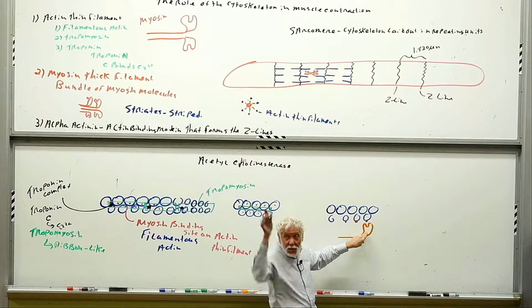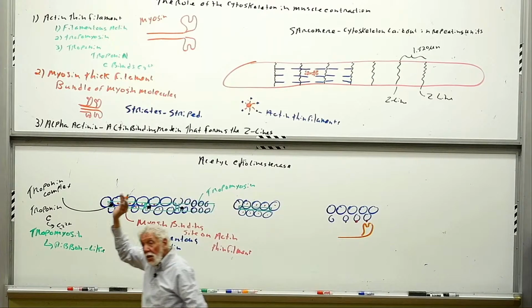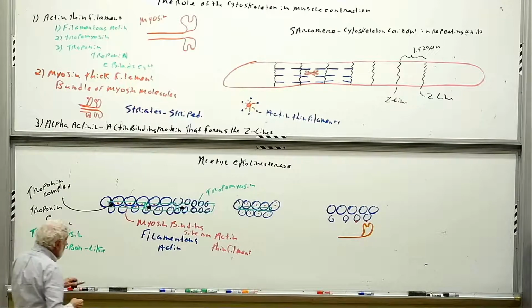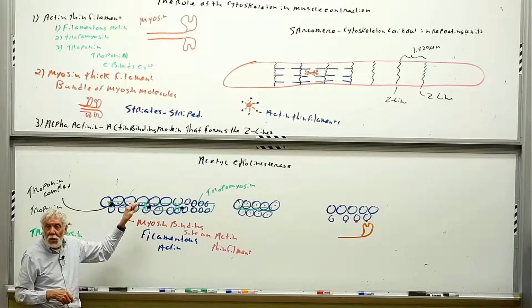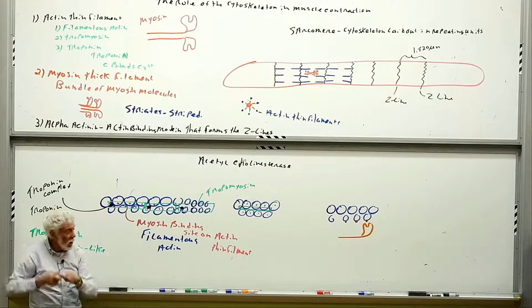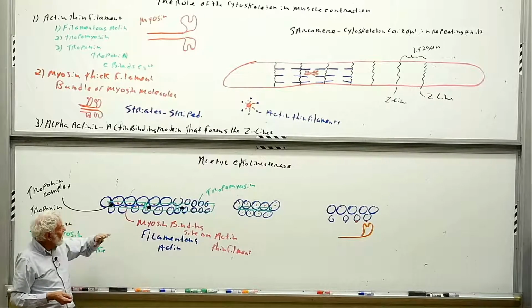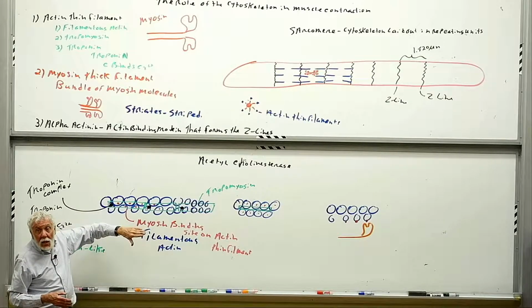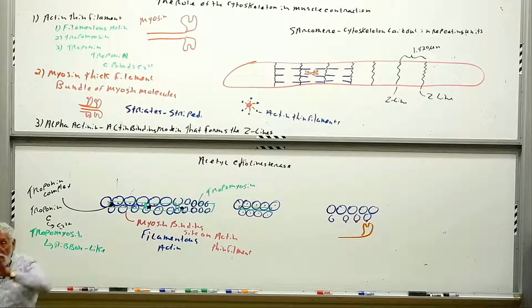Yes? What exactly happens to the tropomyosin shape after calcium binds? What happens to the tropomyosin is it moves. It folds. How to explain this? The myosin binding site in the actin is covered over by the tropomyosin.